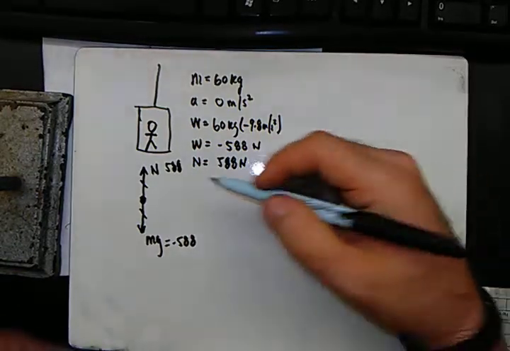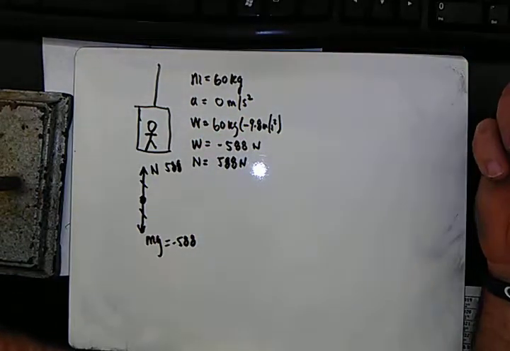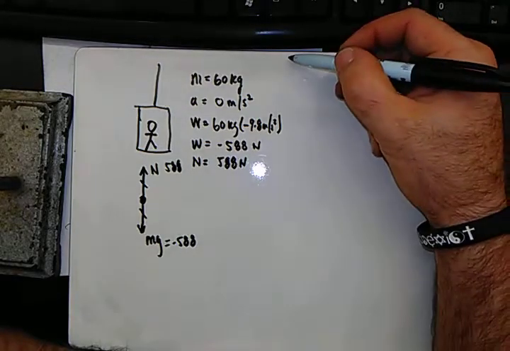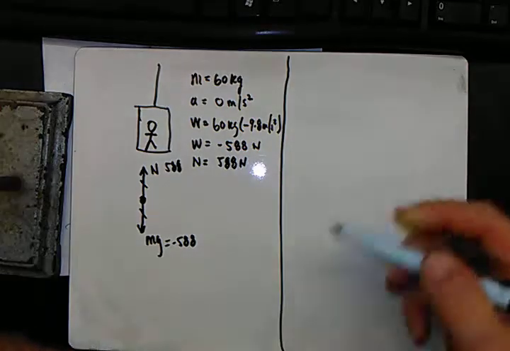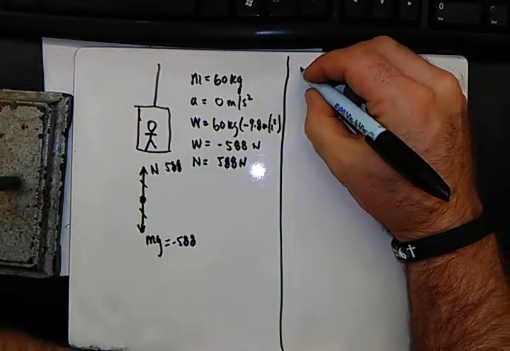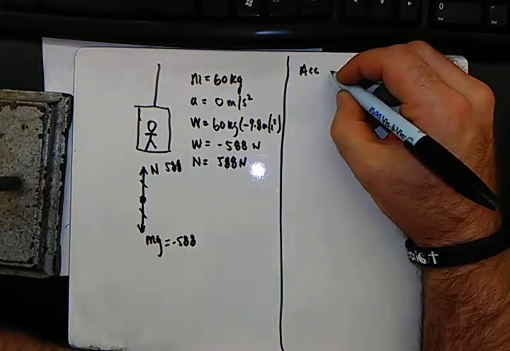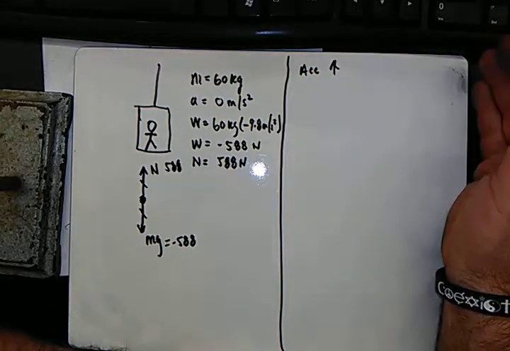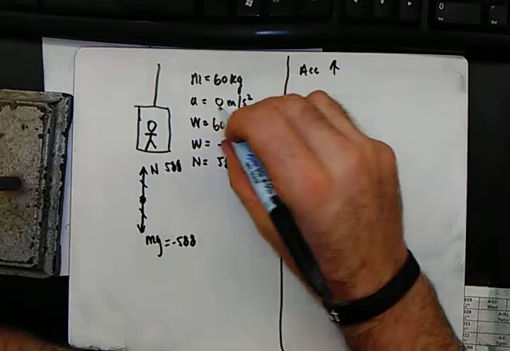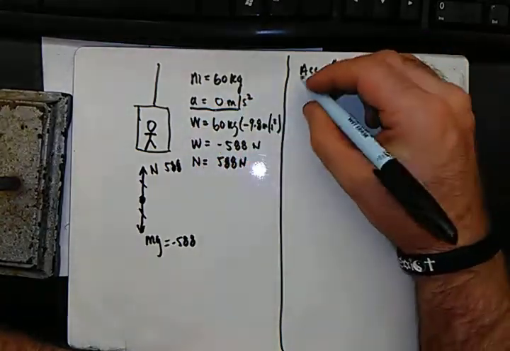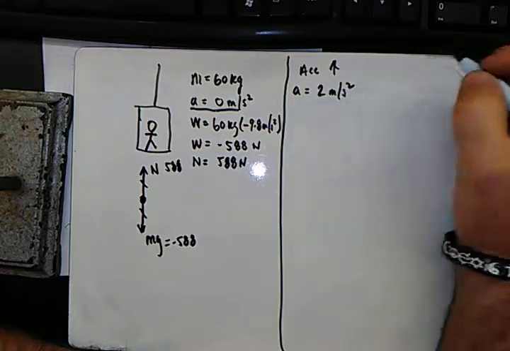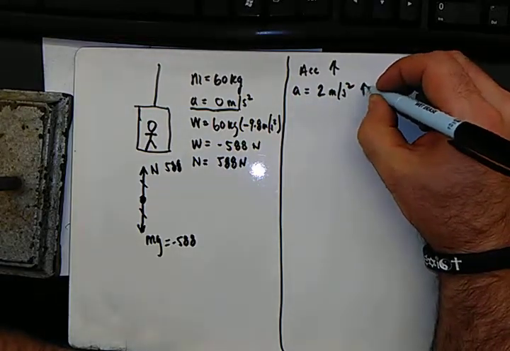Now, we know elevators don't just stay still. We also know that elevators accelerate. So let's look at the situation two different ways. We're going to look at acceleration upward, and then we're going to later look at acceleration downward. So let's say instead of a being 0, the acceleration becomes 2 meters per second squared up.